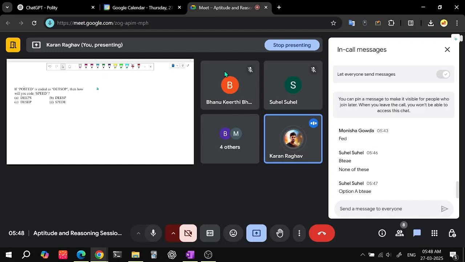It is something you have got some letters in the reverse order. So DEEPS. Yes, DEEPS. We'll see.